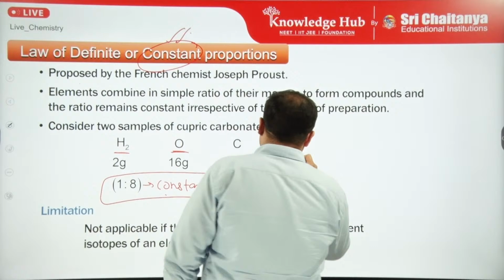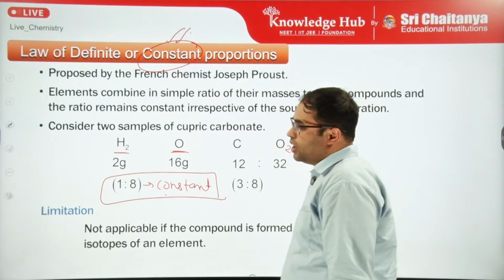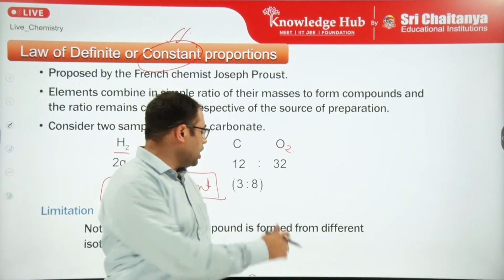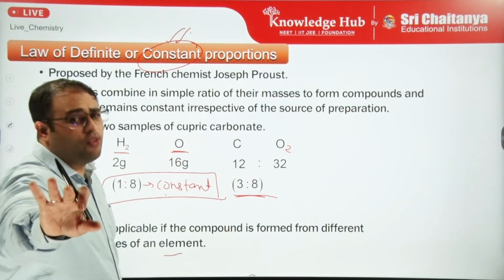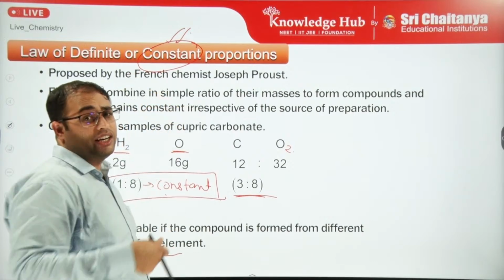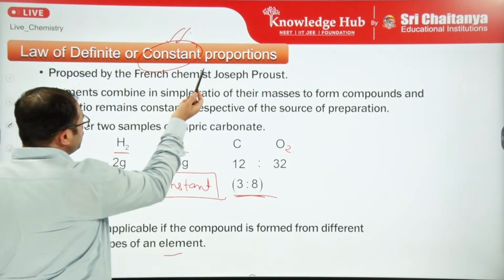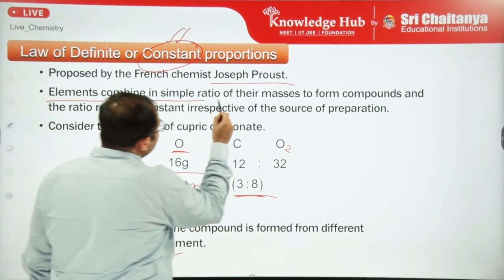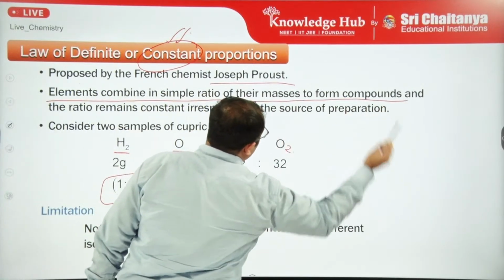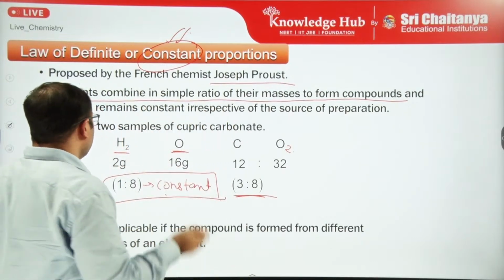Similarly, this is CO2, right? Here also you can see the ratio is around 3:8. So now, after you have understood the law, let us read the English statement which is written. It was proposed by Joseph Proust. Elements combine in simple ratio of their masses to form compounds. Yes, they do.